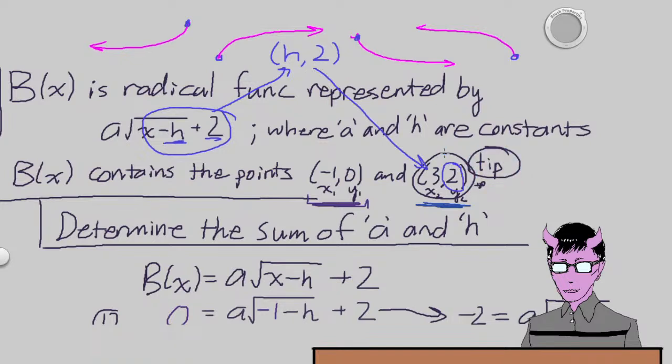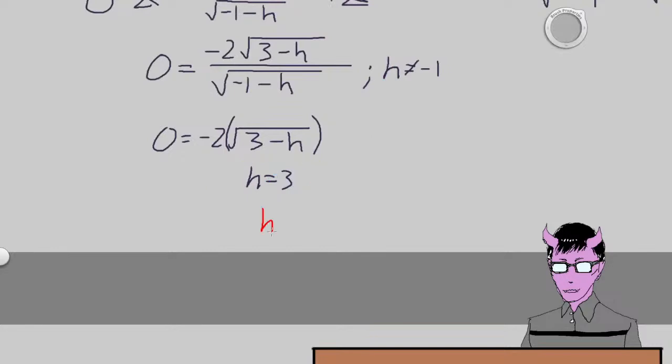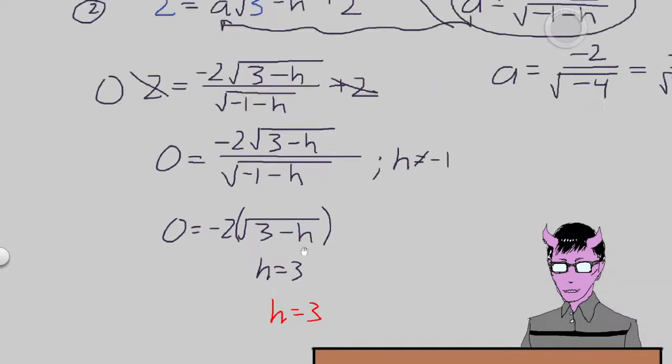Because there's only one y output of 2 for this type of function. So therefore, does it feel kind of shoddy? Maybe. Since this x value is 3 that results in that's 2, then this h value should be equal to 3, right? Which is exactly what we found right here. H is equal to 3. So that's very interesting.